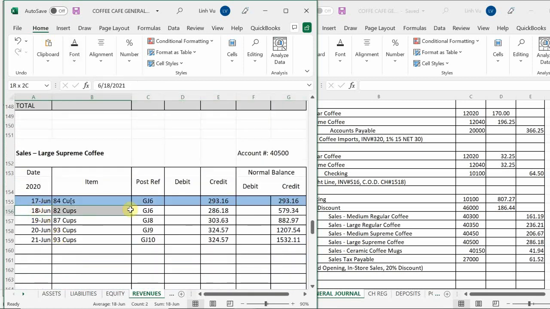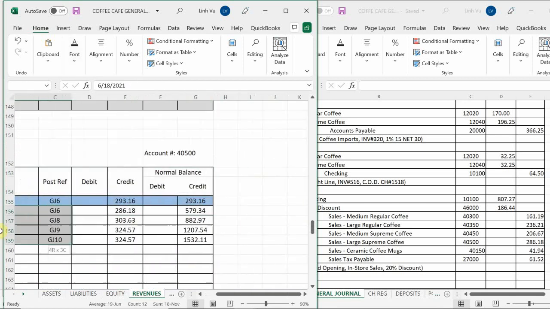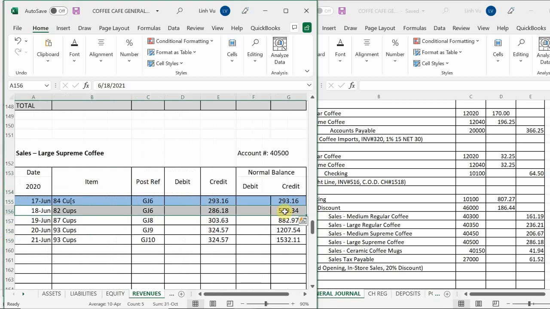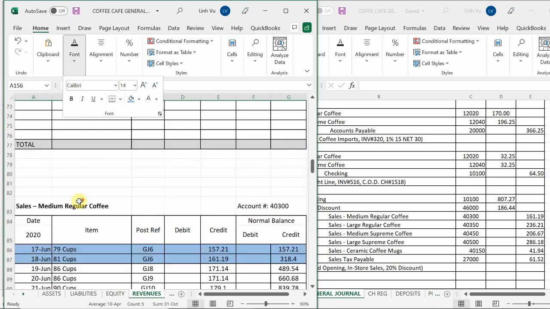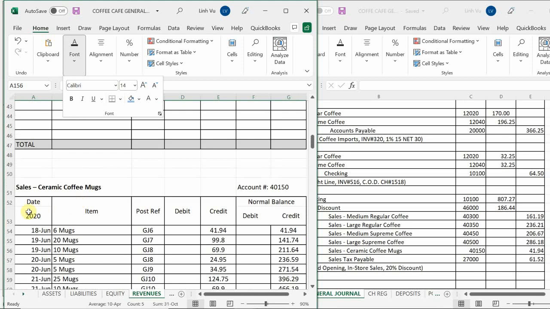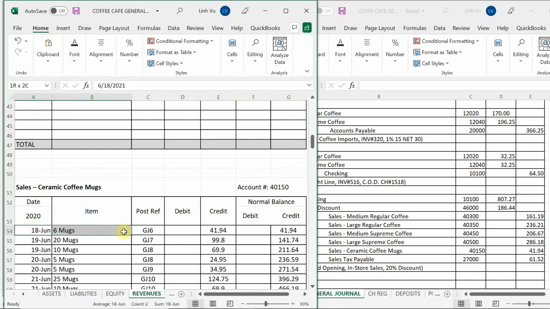Then we have this for, oops, for the 286. Okay. Then we had sales of the ceramic coffee mugs. There you go, sales for the ceramic coffee mugs for the $41.